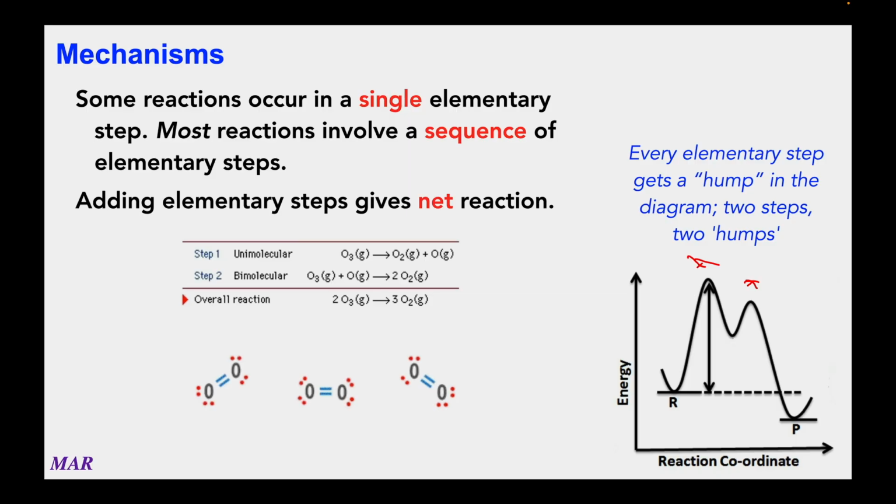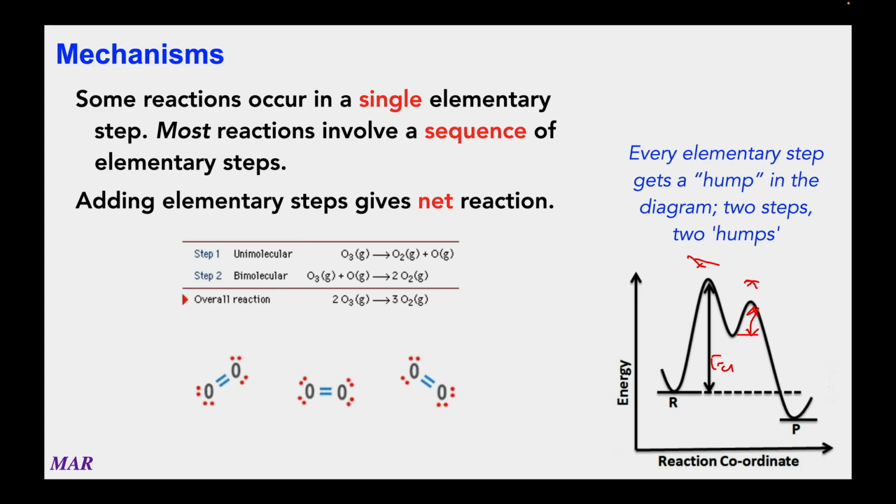So the first step, ozone breaking down to oxygen and oxygen, that's actually a pretty high energy step. It's hard to make ozone break down by itself. So it's got a big energy of activation, which is what that double-headed arrow is. Now, the second step also has an energy of activation, but it's much smaller. It's a smaller hill to overcome, so it's not usually a big deal. Once you've overcome the first big hill, the second hill is no big deal.